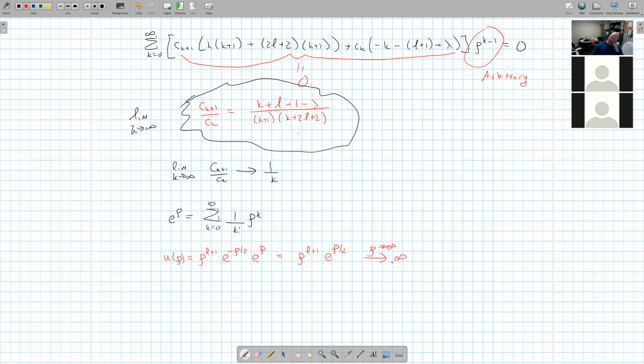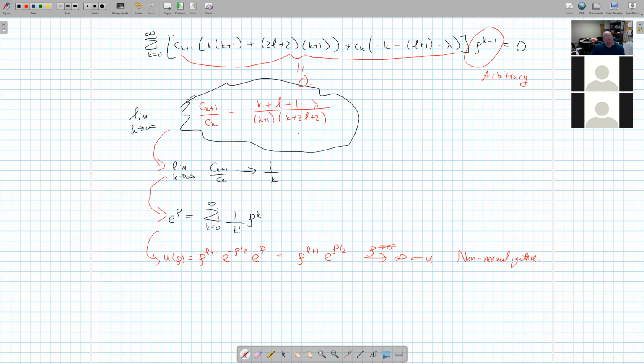So u would also go to infinity, which means we're back to the point where this thing is non-normalizable. Again, I'm skimming through these because we already saw this in math methods. This will be in the book as well, but since we already went through it, I'm not going to spend too much time on it.